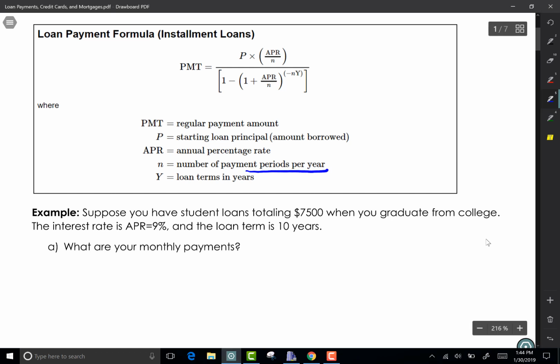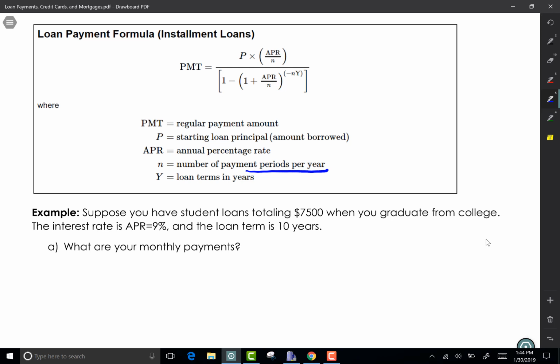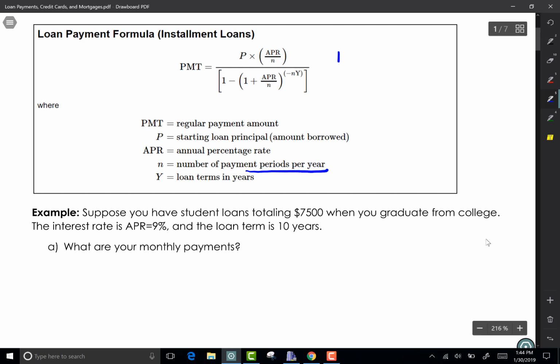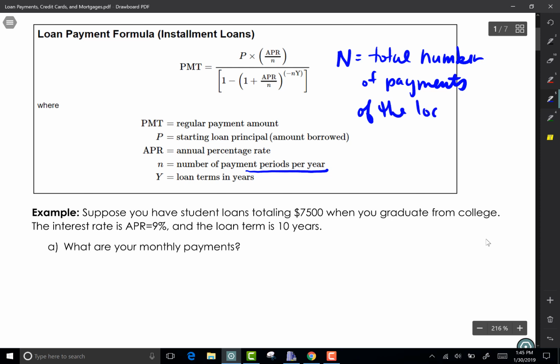And remember, we have a difference between the little n, which tells us the number of payment periods per year, versus the big N, which represents the total number of payments over the entire loan term.